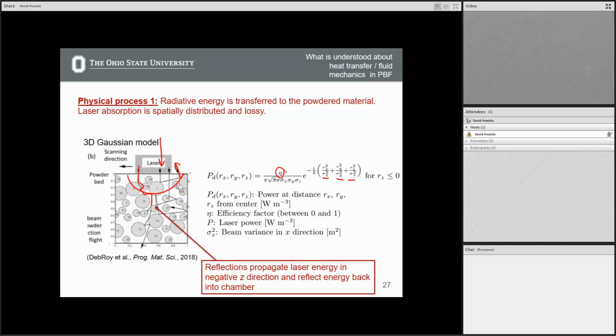But in the z direction, it has a different variance. And that's because basically the power doesn't go very deep into the powder, but does go some distance into the powder before it's dissipated by all these internal reflections from hitting all these powder particles. Any questions about that?